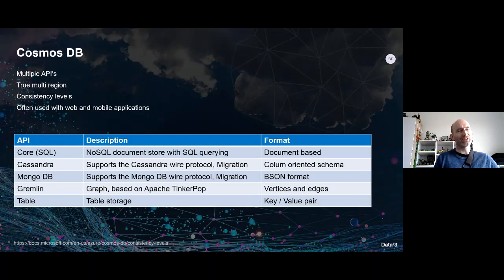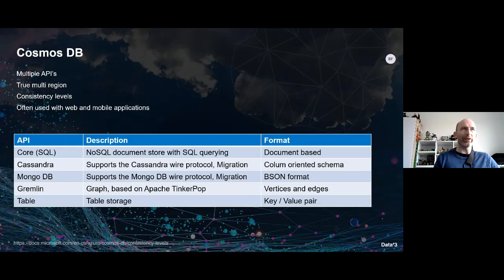You have different consistency levels. So what that means is the read and write and how it happens in the order that the reads and writes happen is configurable within the database. It's often used with web and mobile applications simply because of the type of format it is.